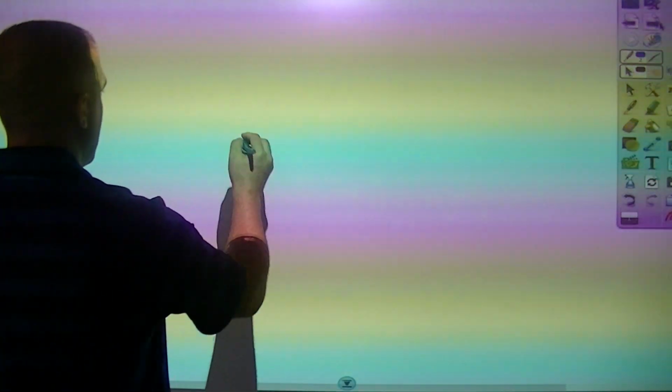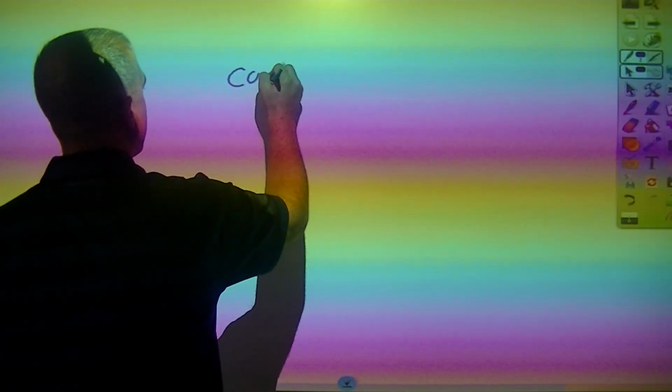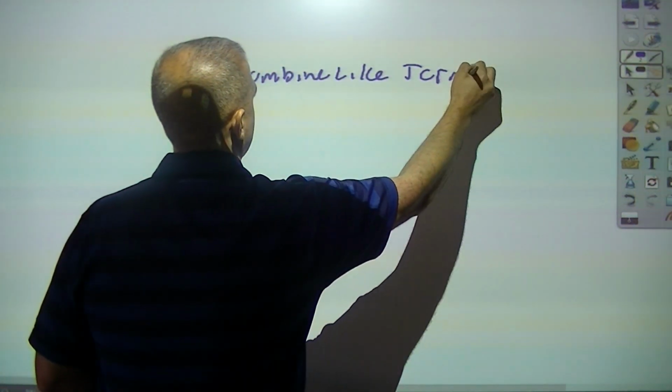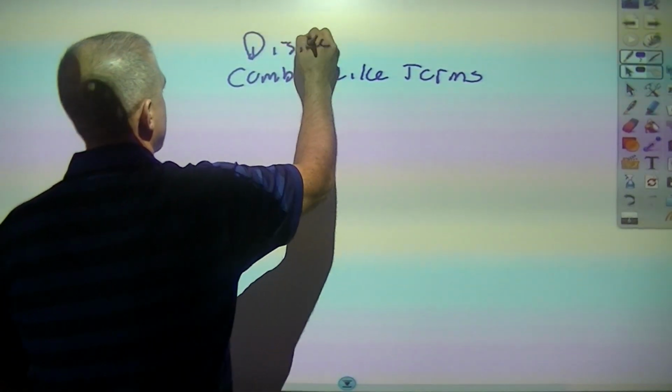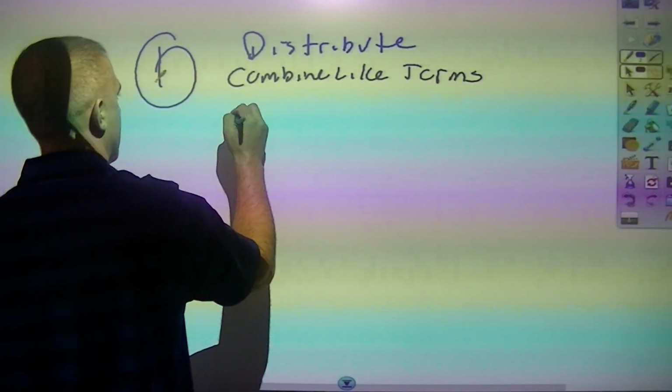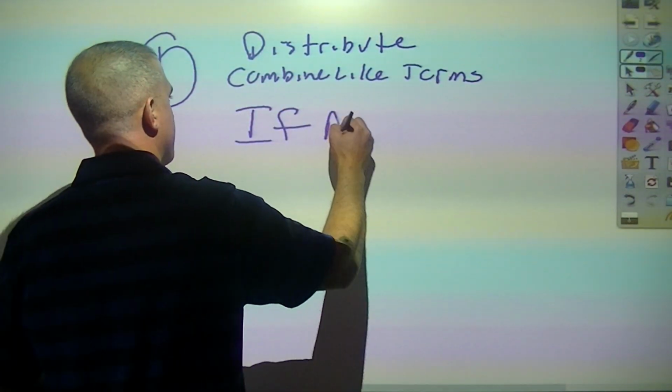We'll do a lot of practice with equations in this chapter. The key thing is a couple things. Number one, combine like terms, and distribute first. Okay, that should be the first thing. If needed, you need to do this first.